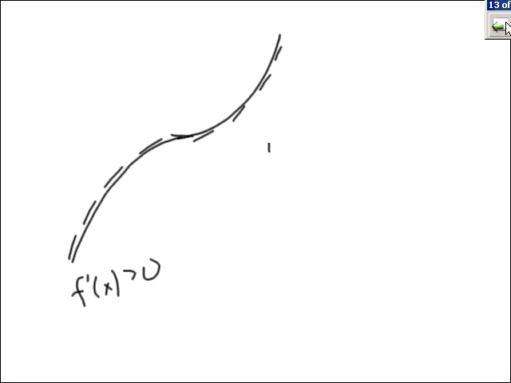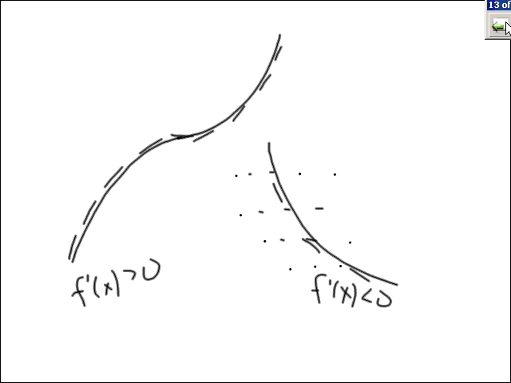If the slopes are always negative, f prime of x is always less than 0. No matter what horizontal line you draw, it'll never cross the graph in more than one place. Same thing for over here. It'll never cross in more than one place. Okay.